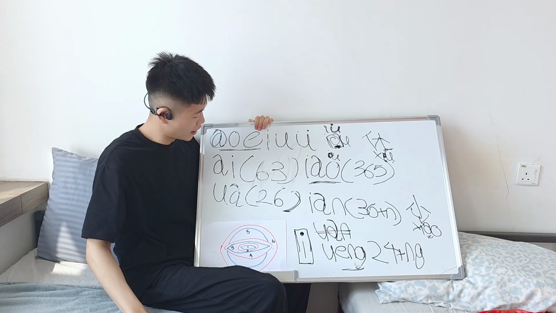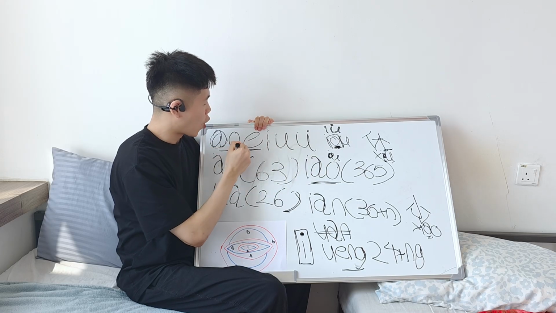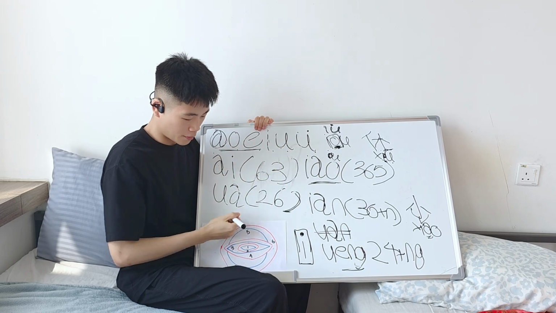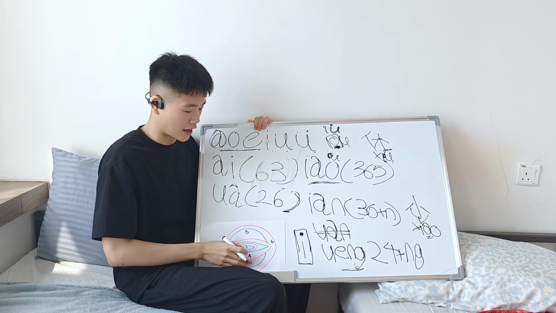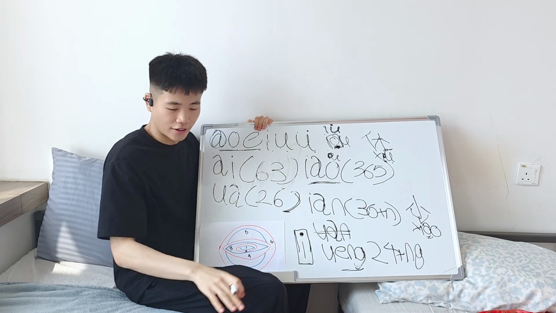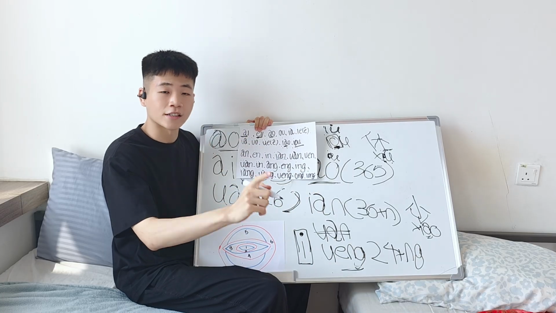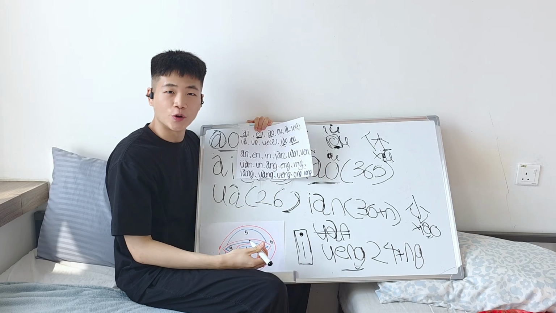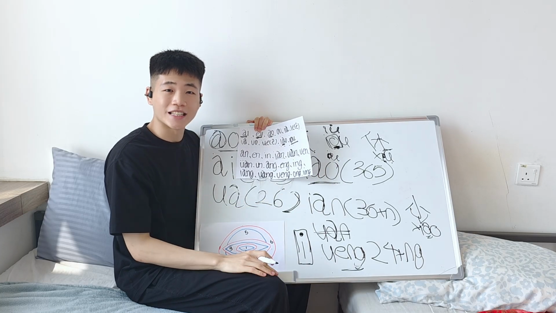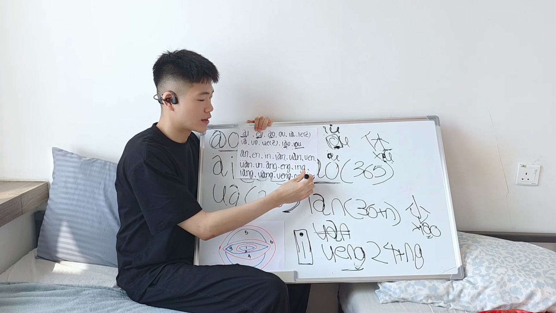Right, so look at this. Once you master A, O, E, U, Ü, and once you master this structural simple final diagram, you can use it for the entire system, right? There's an exception, which is yong. You notice that I don't start with yong, right? And this is again because of the principle of laziness.